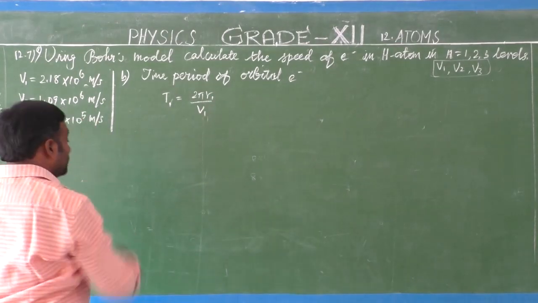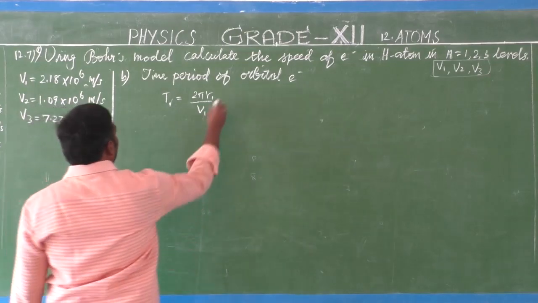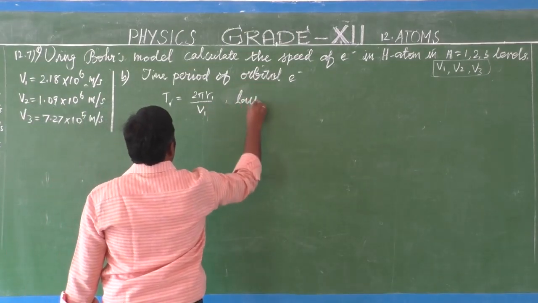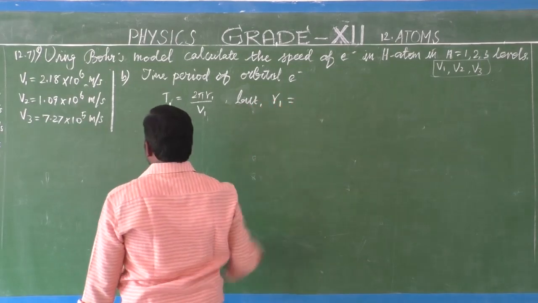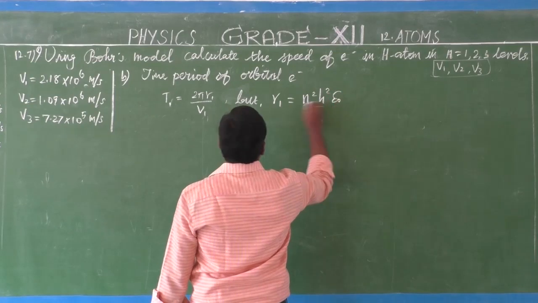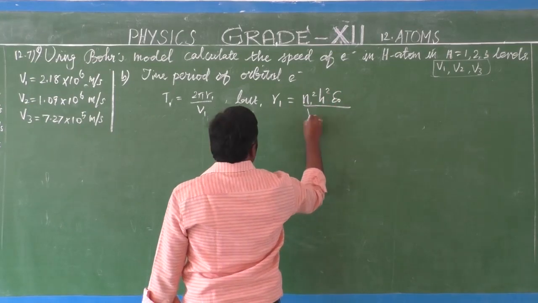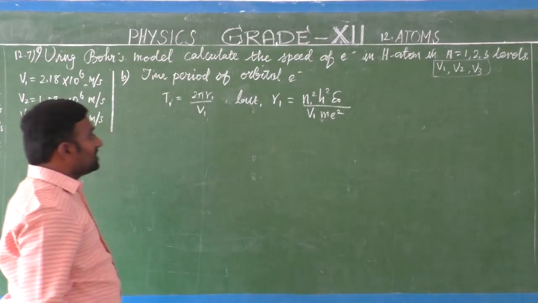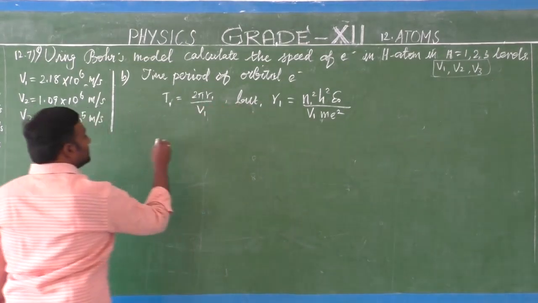Okay. So already we know the value of r. The orbital radius is n1 square h square epsilon naught divided by pi me square. Okay, so this is the orbital radius. So substitute the orbital radius in this case.